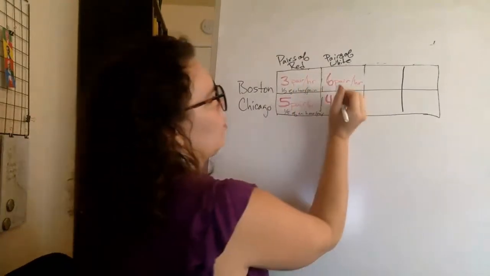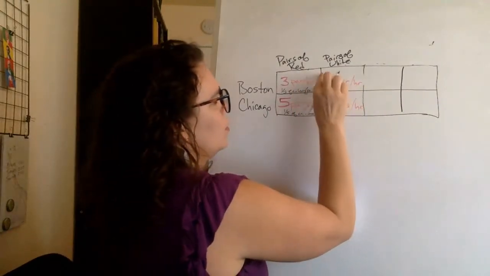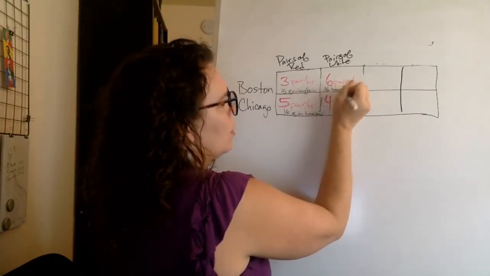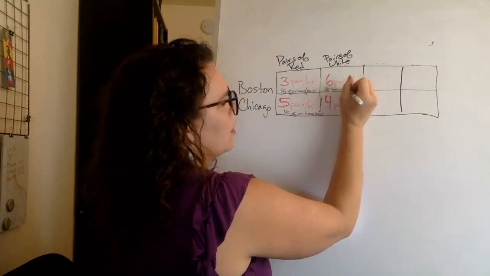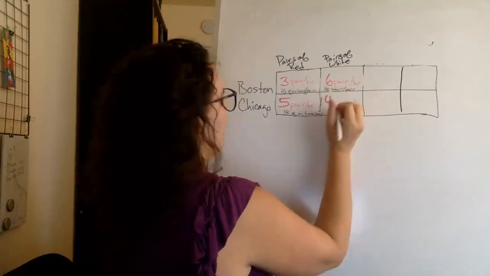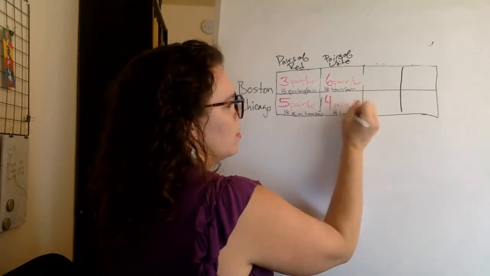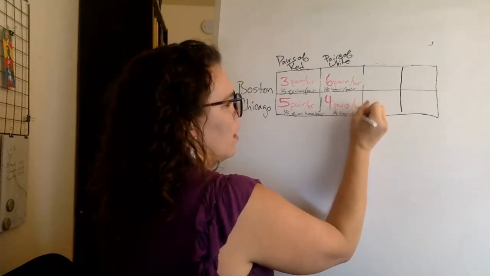And then they'd only need 1/6 of an hour to produce a pair of white socks, and Chicago needs 1/4 of an hour to produce a pair of white socks.